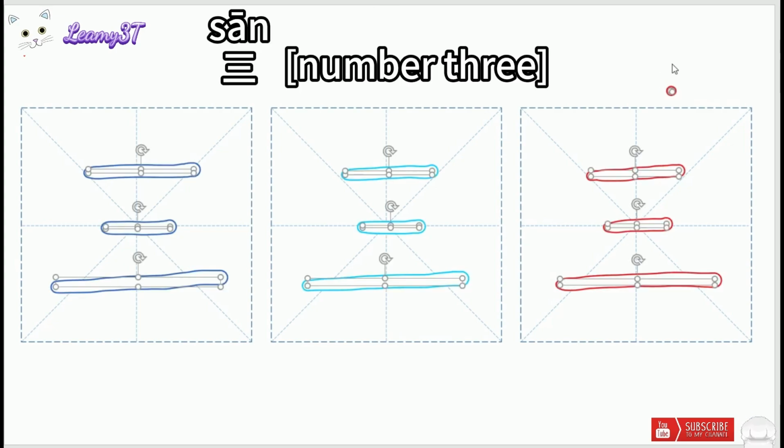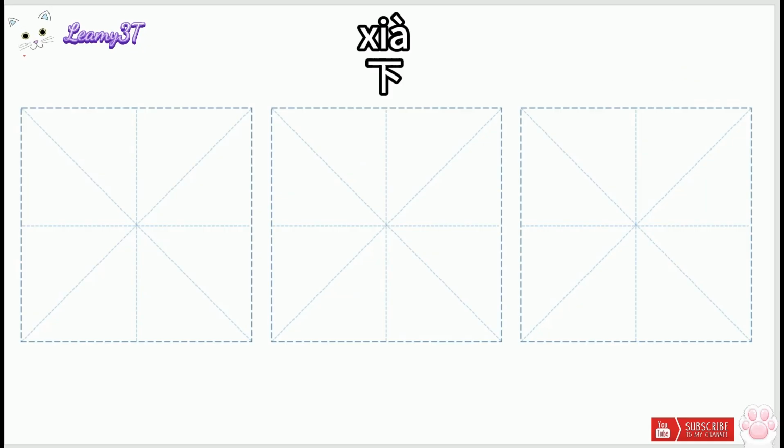Now, let's write xia, today's last Chinese character. This character has 3 strokes. The first, heng, is written straight from the left to the right. The second is shu, written from the top to the bottom. Connect them together.